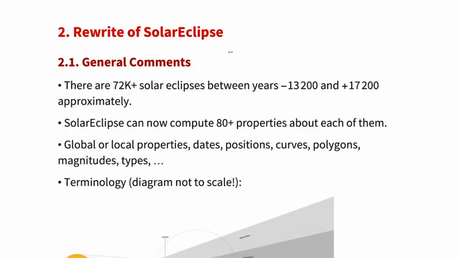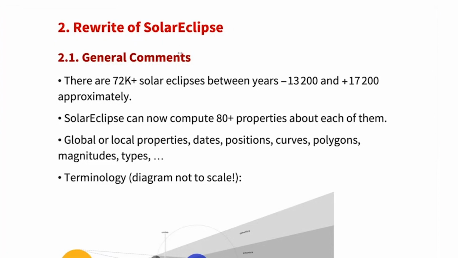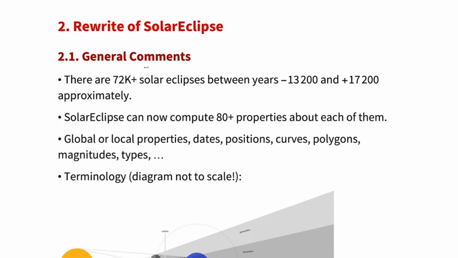Okay, so the function that we have rewritten for version 14 to compute solar eclipses is called SolarEclipse. This function has access to the full range of dates provided by NASA, which is from year minus 13,200 to year plus 17,200, so more than 30,000 years.